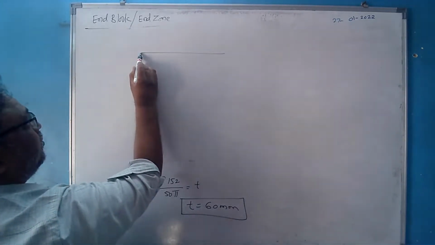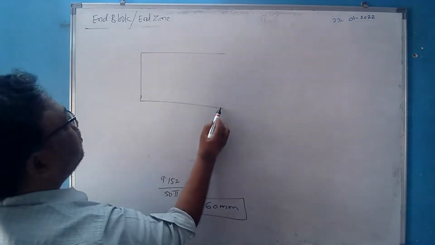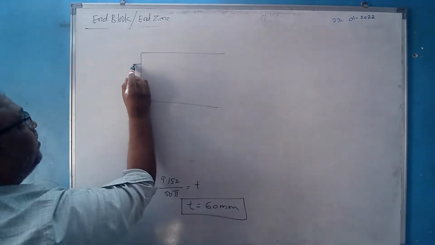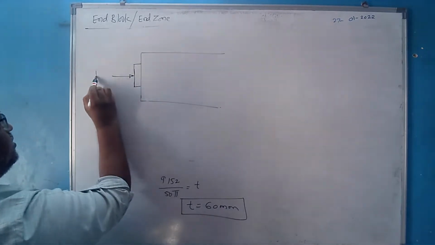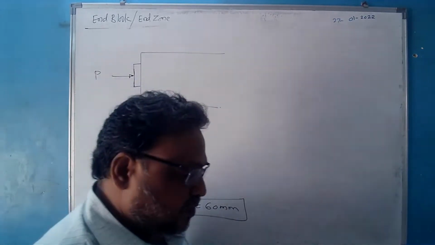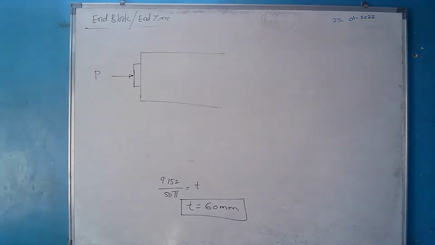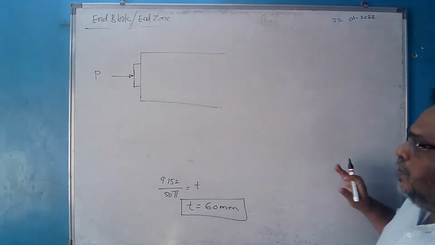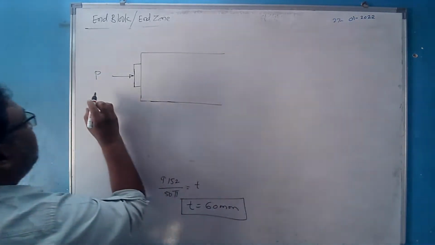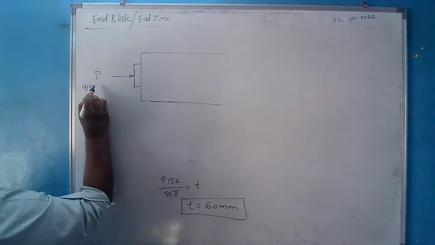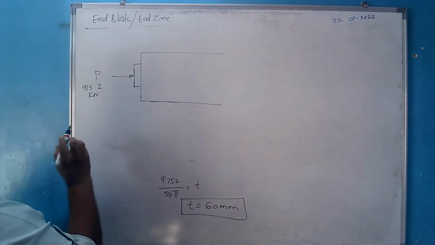See, अगर मैं साइड से स्केच करता हूं, if I sketch it from the side, here is the pre-stressing force acting. Here the pre-stressing force will be acting. It is 915.2 kilonewton, right?